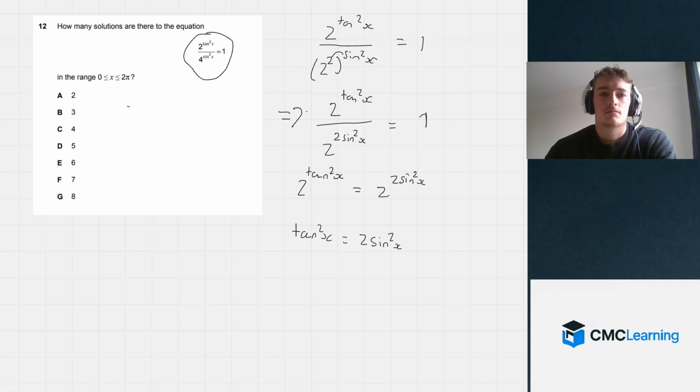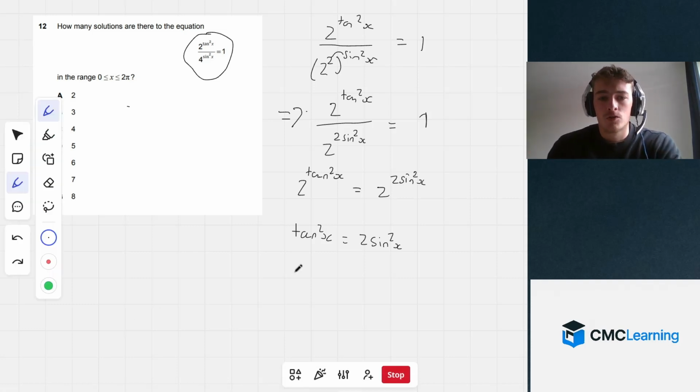The best thing to do now is to make it so we're dealing with only one trigonometric function as opposed to several. So we can change this tan squared x to sine squared x over cos squared x, and equate this to 2 sine squared x.